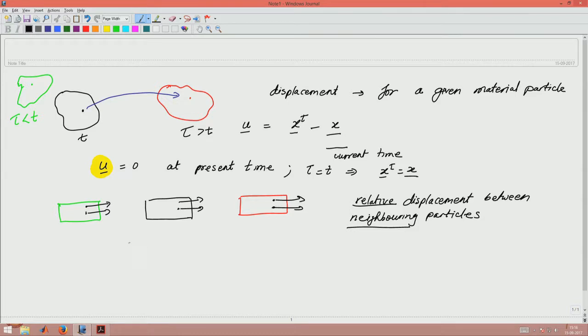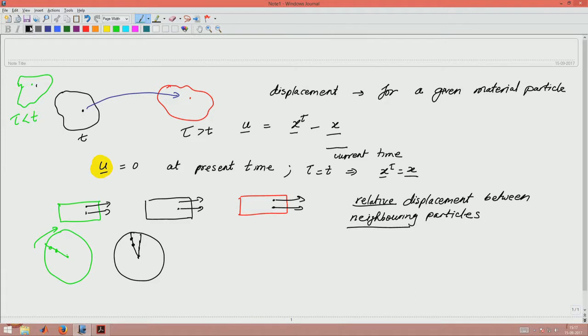One caution here: for example, if we have a rigid body rotation, then let us say we have a disc which is rotating, and there are two material points that we pick here. At some instance of time they were in this position, and at some time in the past their position will be towards the left, because this overall body is, let us say, rotating to the right.